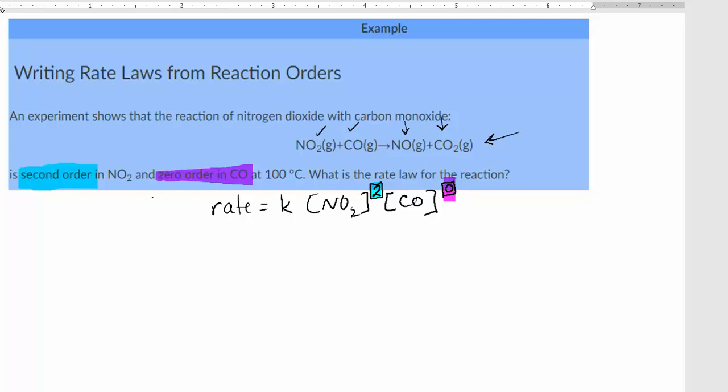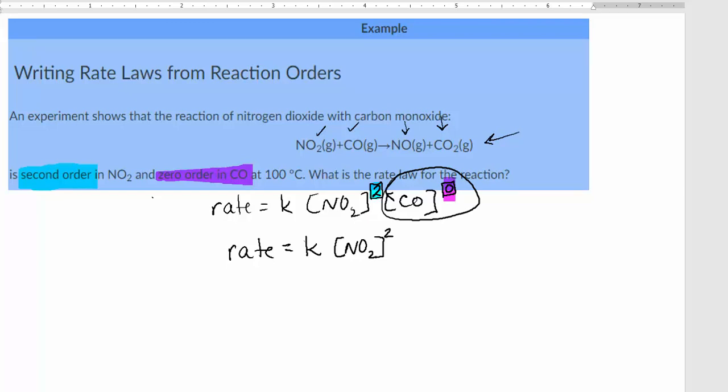Again, mathematically, anything raised to a 0 power is equivalent to a 1. So the rate law for this reaction is going to be rate equals K, the constant, times the concentration of NO2 squared, because this part here reduces to 1.